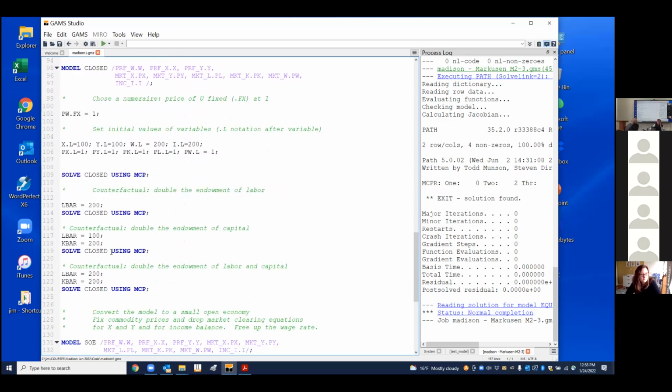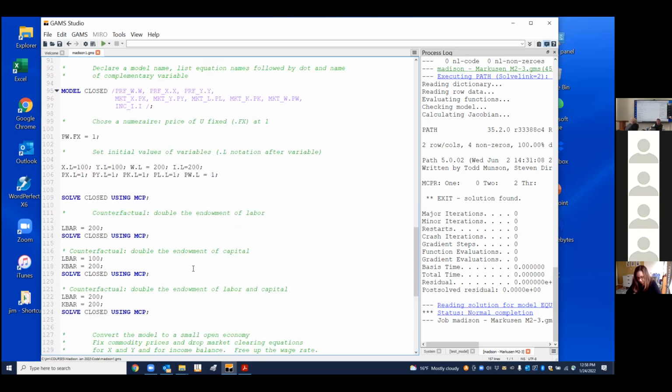And then there are a couple of counterfactuals here. One is to double the endowment of labor, so I double that to 200. For the second one, I put that back to its initial value. Remember, any parameter value changes carry forward unless you undo them. Then I double the capital, and then I double both of them.